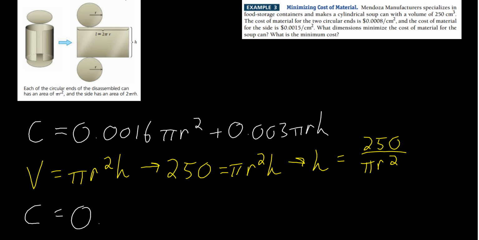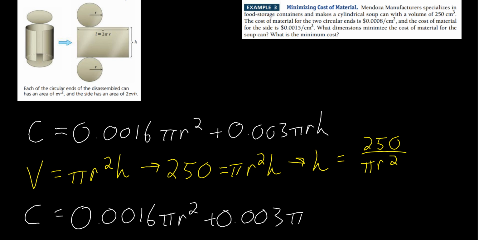We don't have an h there, so 0.0016 pi r squared plus 0.003 pi r, and our h now is going to be, let's put it in yellow to really highlight it, 250 over pi r squared, just like that. So now we can begin the process that we're familiar with of taking the derivative and then figuring out critical points. So let's go ahead and start that.